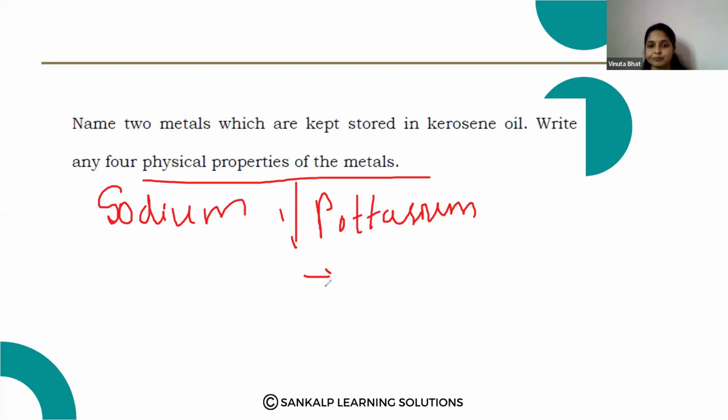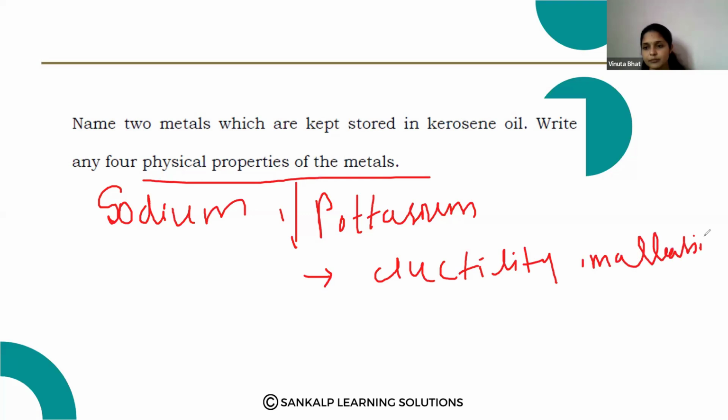Metals have ductility and malleability. Then they are lustrous in nature, having a shiny outer surface.